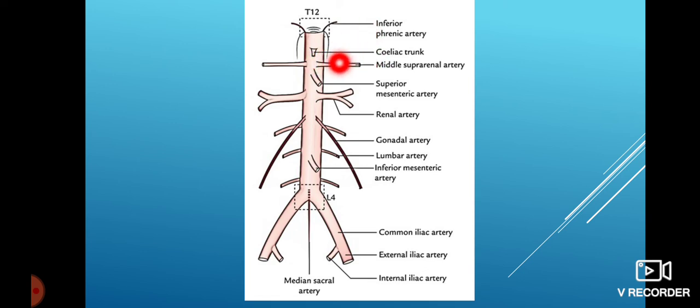Then the middle suprarenal artery supplies the suprarenal gland. Gonadal artery supplies the gonads. Renal artery supplies the kidney. Then the median sacral artery, only one in number, supplies the sacral region. Then the lumbar artery supplies the wall of the abdominal cavity. So these are the paired branches which supply the structures other than the digestive organs.